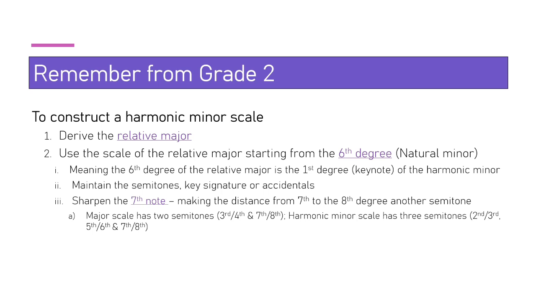The harmonic minor scale will have three semitones. So when you form your harmonic minor scale, if you get it right, there should be a semitone between the second and the third note, between the fifth and the sixth note, and between the seventh and the eighth notes. And this arrangement is the same whether you are ascending or descending, it doesn't matter.